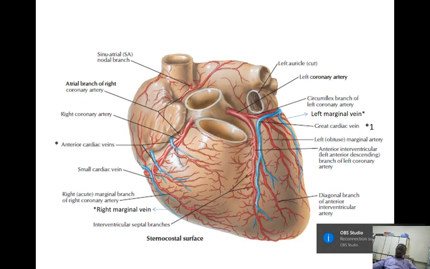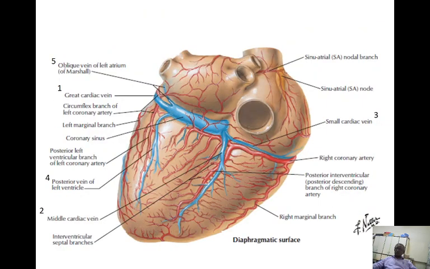Of course, they are going into the right atrium only. The right ventricular vein is joining the right ventricular part and going to the right atrium. Then the right marginal vein is going to join the small cardiac vein. See, the right marginal vein is joining the small cardiac vein. And then of course it is turning to the posterior aspect where it is joining the coronary sinus.